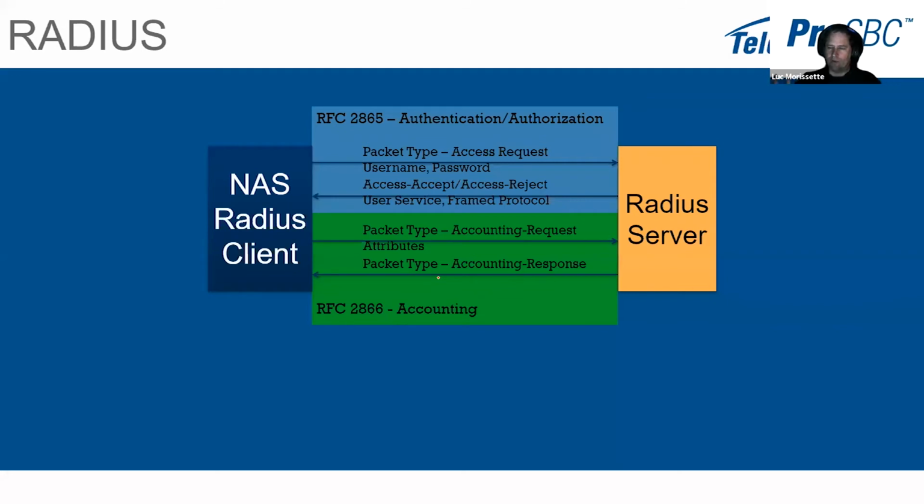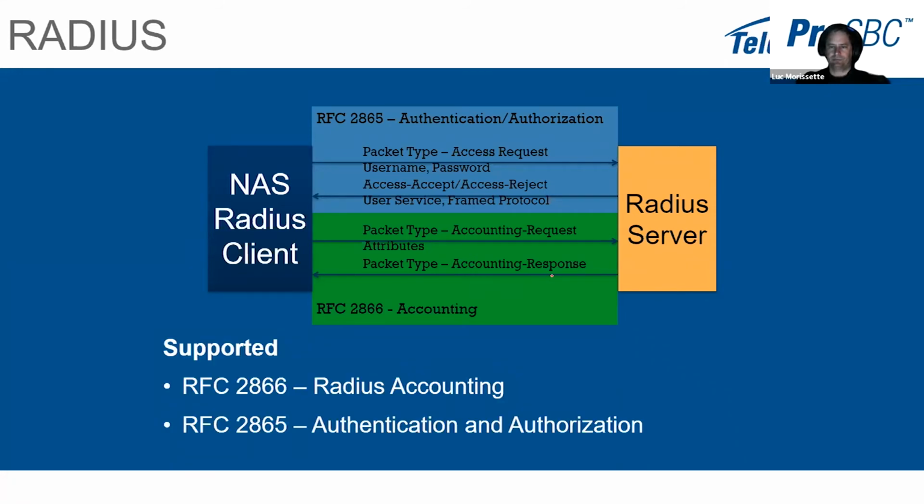I don't know if it can really refuse the accounting request, but it just acknowledges that it has received it. And if it doesn't respond, then we'll try again to send it to that radius server. So these two RFCs are supported by the ProSBC.